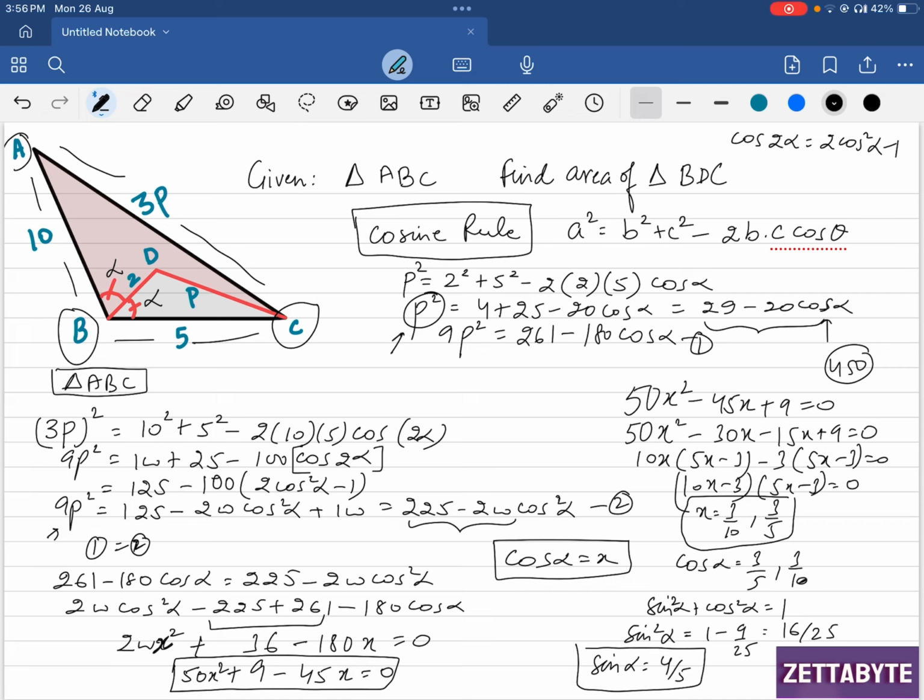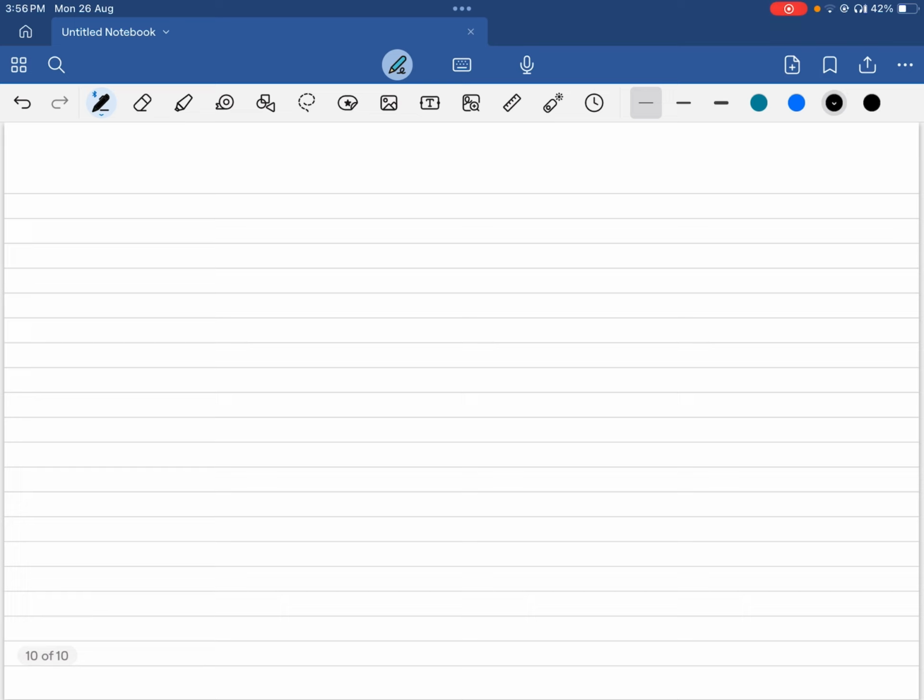You have got sine alpha, and you have the sides across it, which are 2 and 5. Just find the area. Area of triangle BDC is going to be half times a times b times sine alpha.